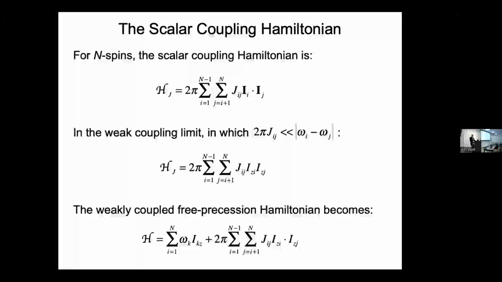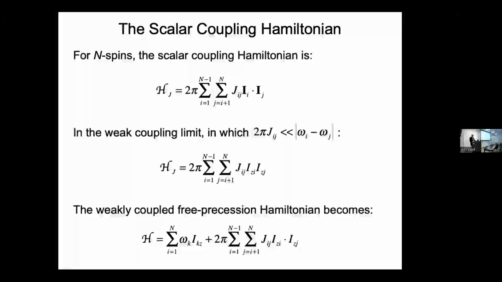It doesn't matter what order we calculate the chemical shift effects or the J coupling effects, because if we have, let's just simplify to 2 spins, I and S, the I spin Z operator commutes with the I spin Z operator in the scalar coupling Hamiltonian, and it always commutes with the S operator. So in the weak coupling limit, chemical shift commutes with the J coupling.